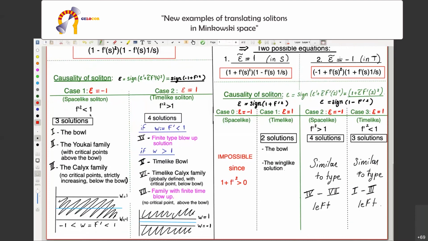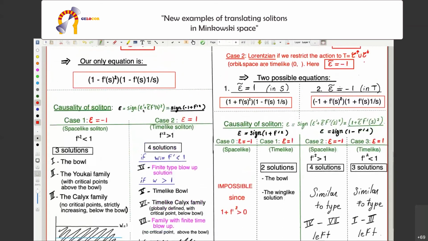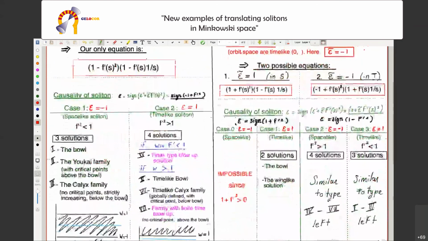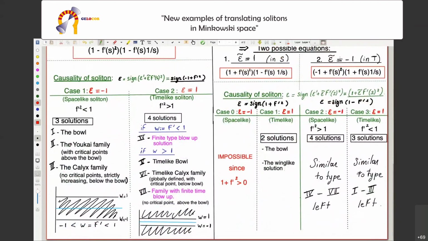So we need f prime squared to be smaller than 1. This means that in the space-like case we are between -1 and 1 here. If you look at the equation, this is an equation which depends only on the derivative of f, so we can set w equal to f prime and look at the behavior of w. And what we found is that we got 3 solutions in this case.